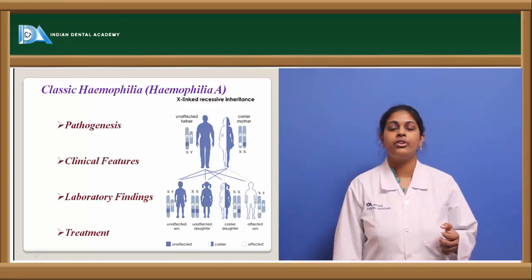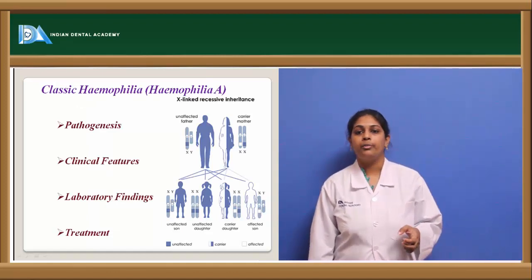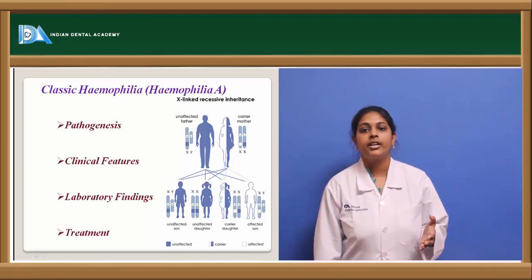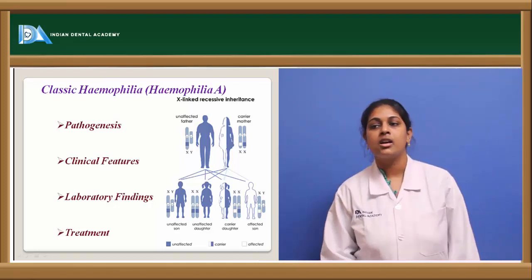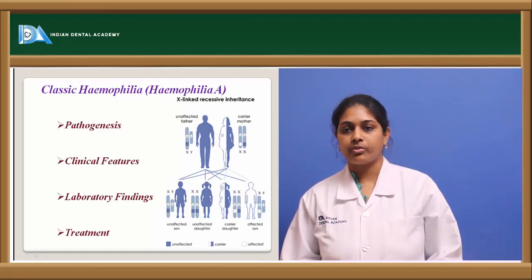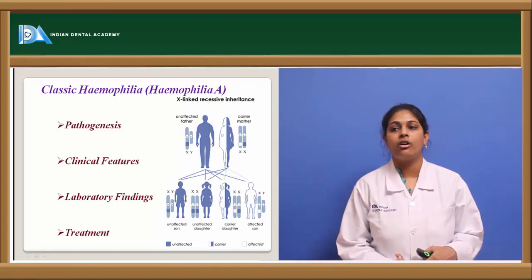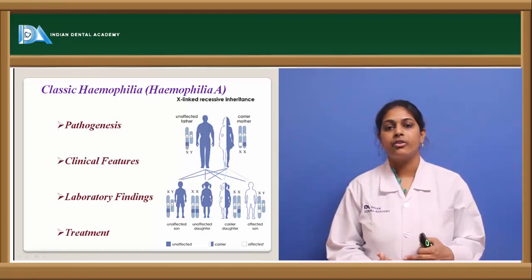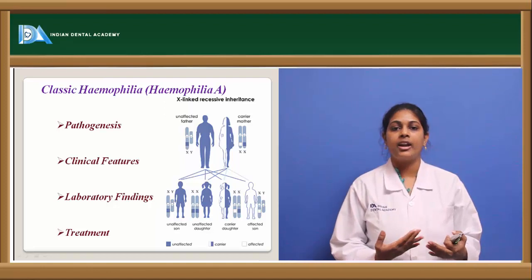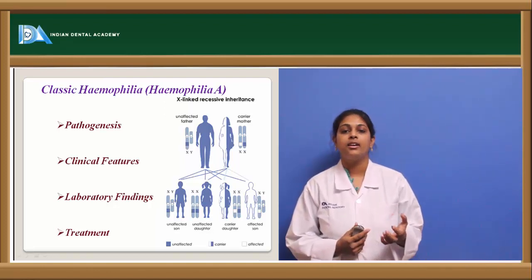Coming to classic hemophilia A, it is usually an X-linked recessive inheritance. Because of the pathogenesis, it is seen most commonly in males, where females occur as carriers. Since this is an inherited disorder, it passes from the parent to the offspring, and being X-linked recessive, it is carried from the fathers to the children, where females act as carriers.